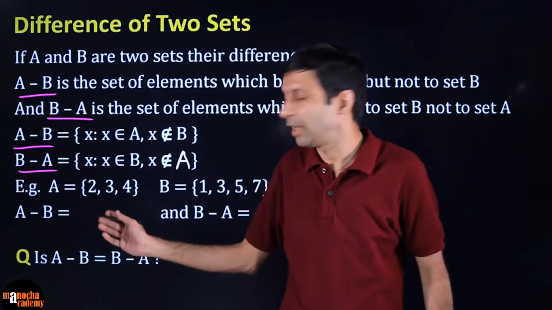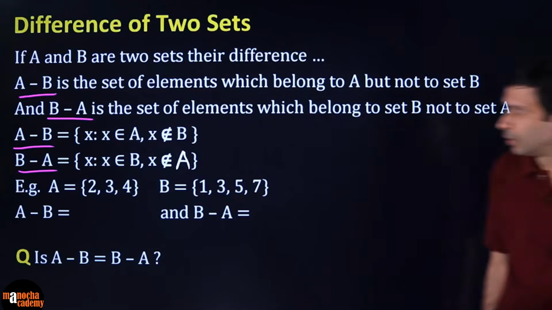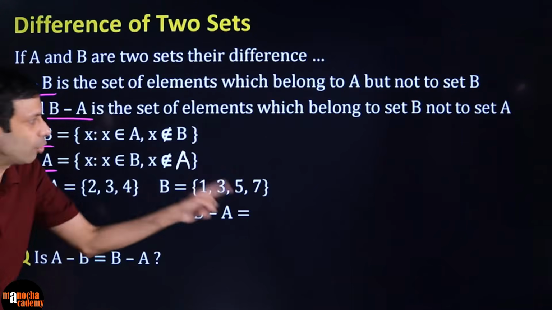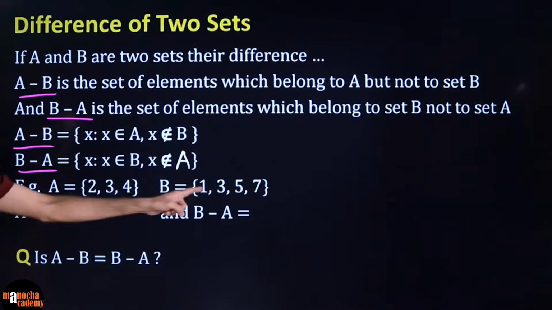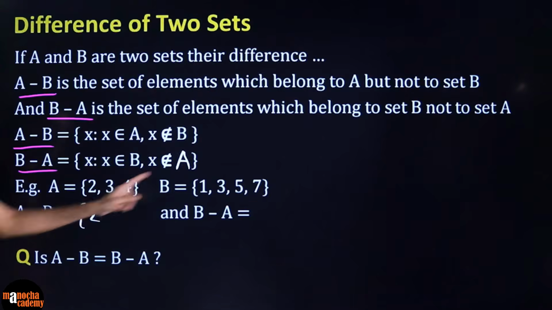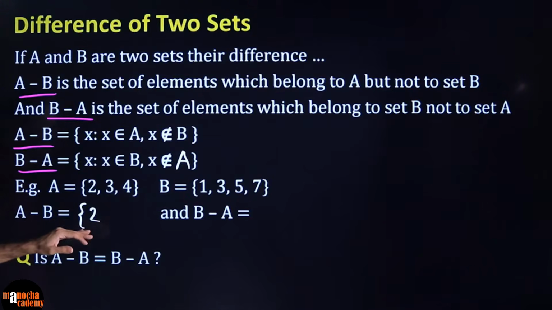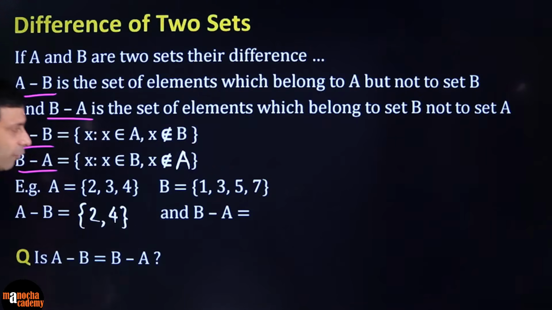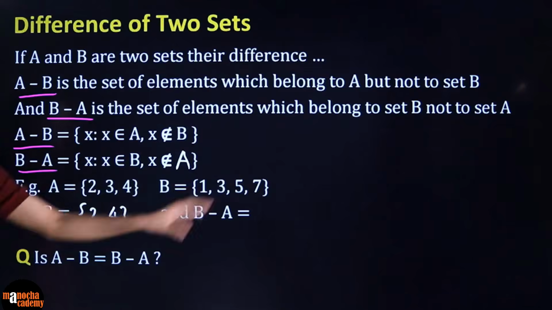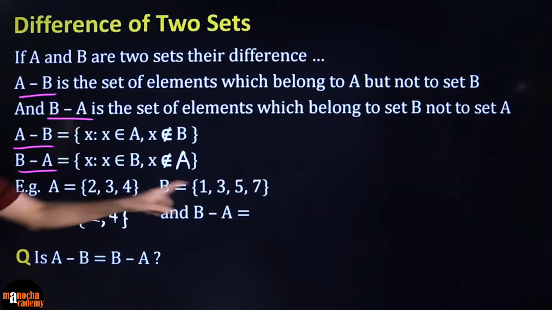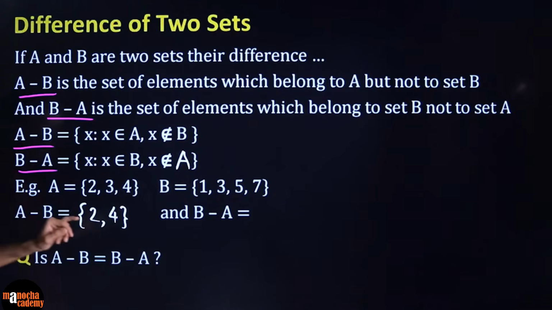A minus B means I must select all the elements which are in A but not in B. So let's start with 2. 2 is not in B, so definitely it will be included here. 3 is in A but it is also in B, so I can't put it in A minus B. 4 is in A but not in B. So 2 comma 4, and we don't bother about 5, 7 because they don't belong to A. So the correct answer is 2, 4, not 2, 3, 4, because 3 is still in B. So A minus B is 2 comma 4.